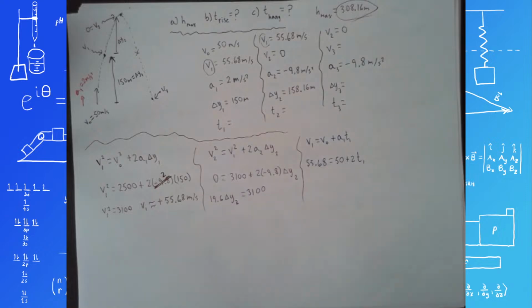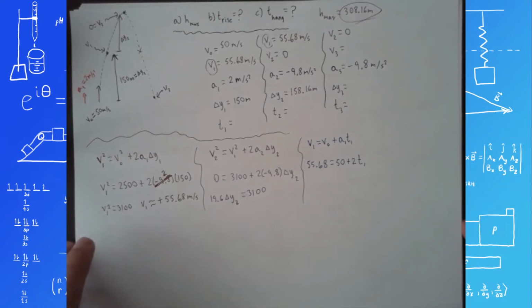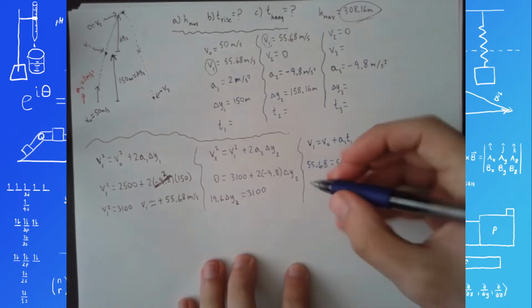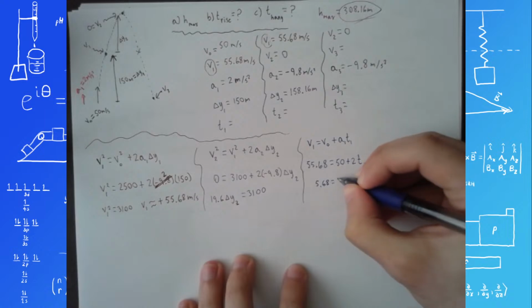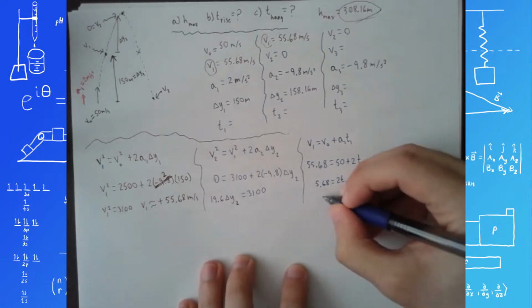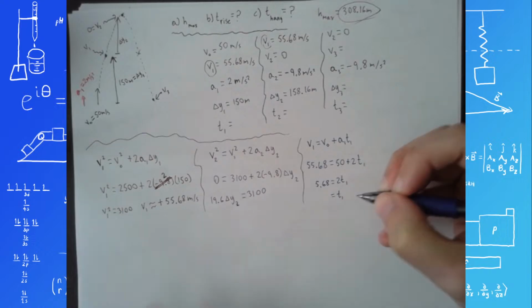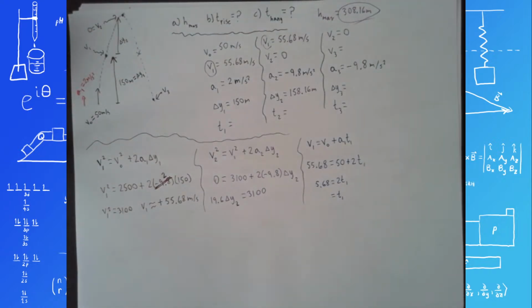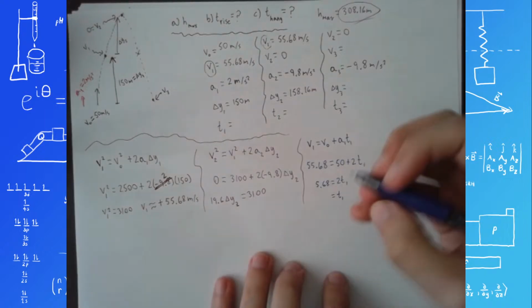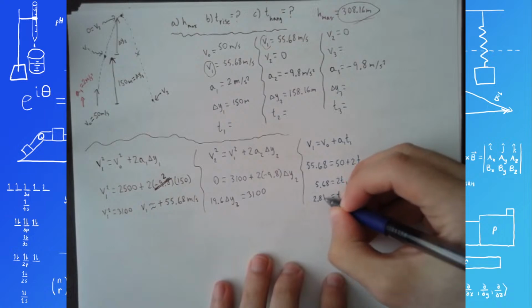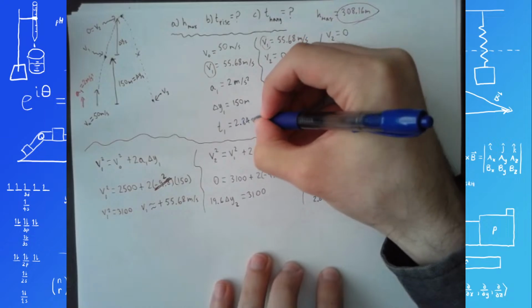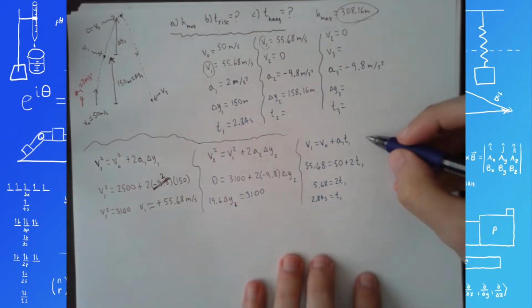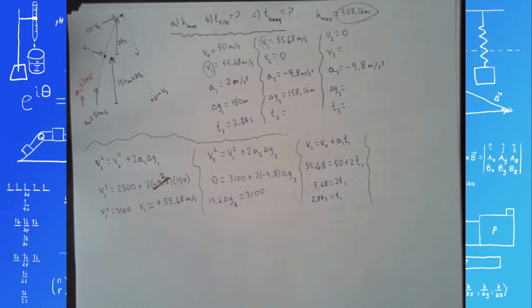Okay, and if I subtract 50 on both sides, I end up with 5.68 equals 2t1, and then that leaves me with t1 is equal to 5.68 over 2, which is 2.84, and that should come out in seconds. 2.84 seconds. All right, let's do similar for phase 2.